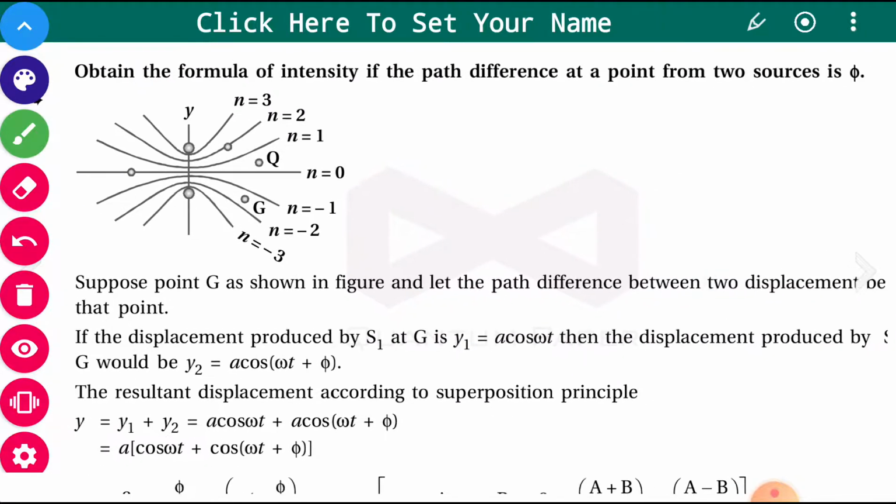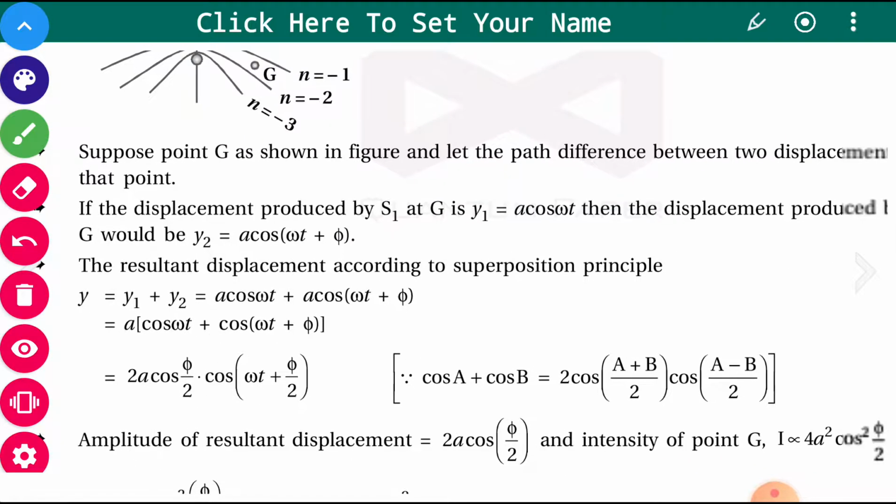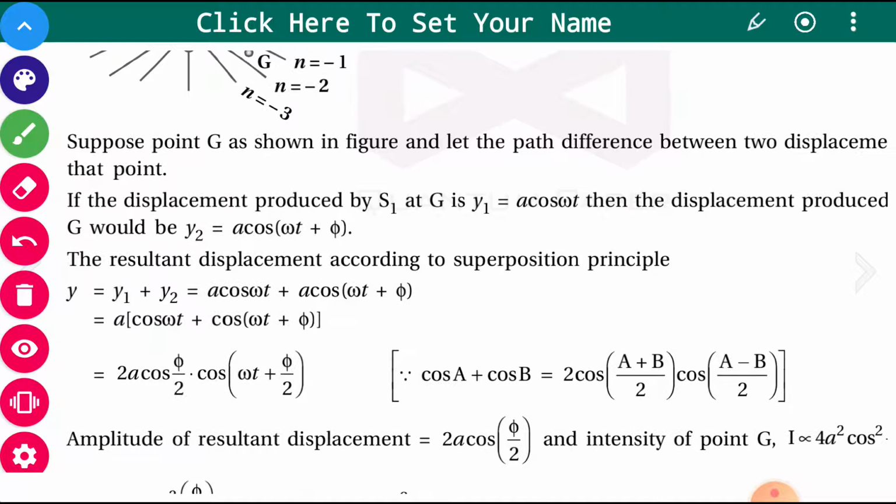Now the resultant displacement according to the superposition principle is given by y is equal to y1 plus y2, which is a cos omega t plus a cos (omega t plus phi). Now cos A plus cos B can be written as 2 cos ((A plus B) by 2) cos ((A minus B) by 2), and a similar formula we are applying here.